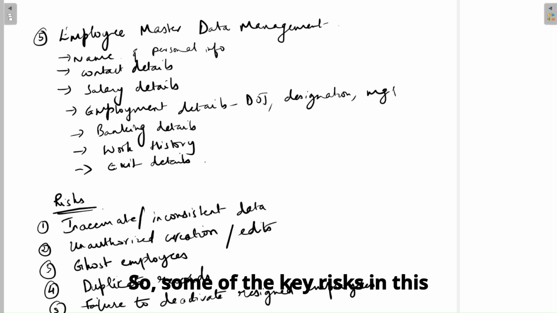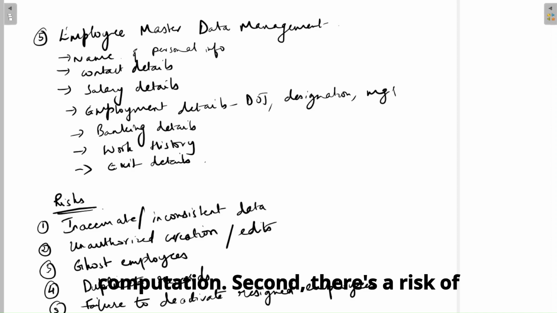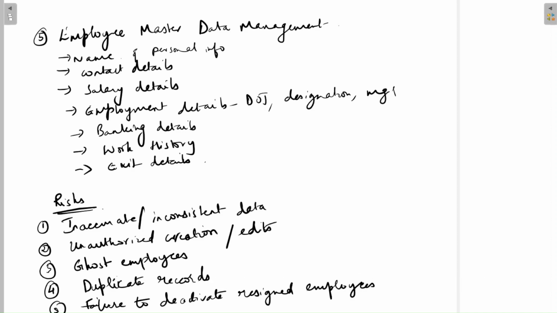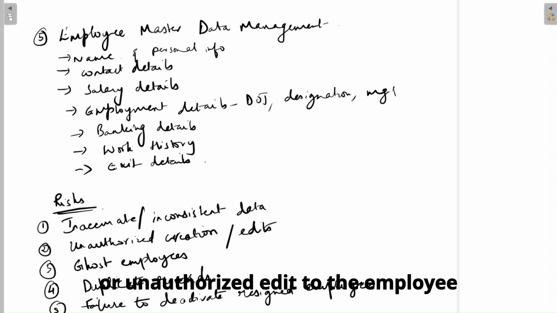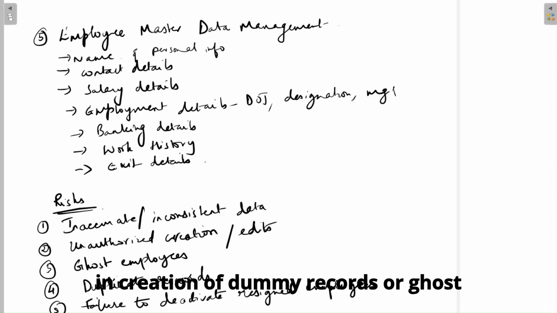So some of the key risks in this process. Firstly, like we already said, if there's any inaccurate data, then it can impact the payroll computation. Second, there's a risk of unauthorized creation of employee records or unauthorized edit to the employee data. Third, it can result in creation of dummy records or ghost employees.